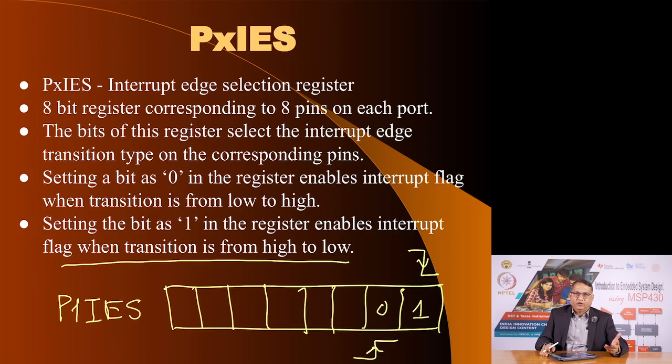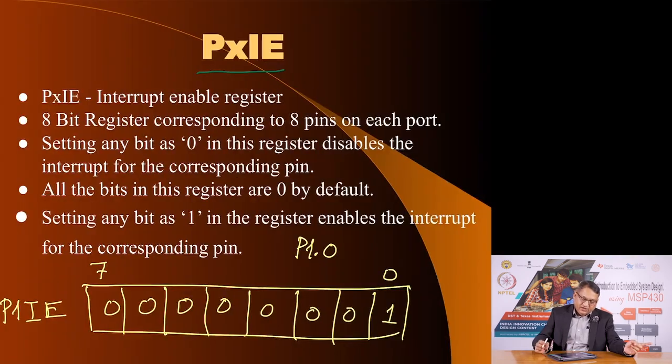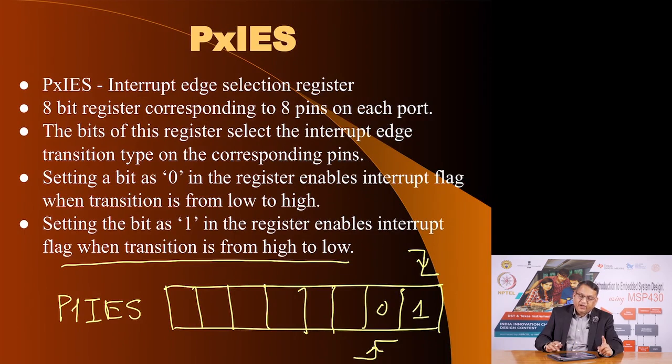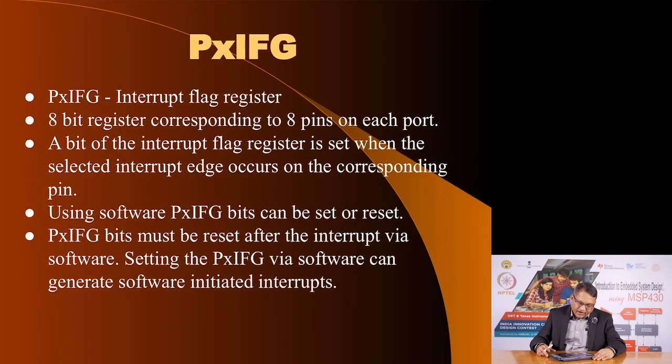So, depending upon your requirement, depending upon the state of the logic on that particular pin, you can write a 1 or a 0. The corresponding bit in the previous register, the interrupt enable register, has to be 1, otherwise writing a 1 or 0 here makes no sense whatsoever. And the third is the interrupt flag register.